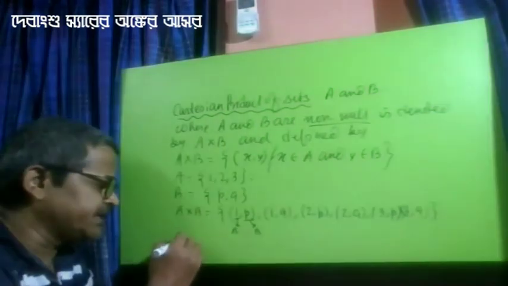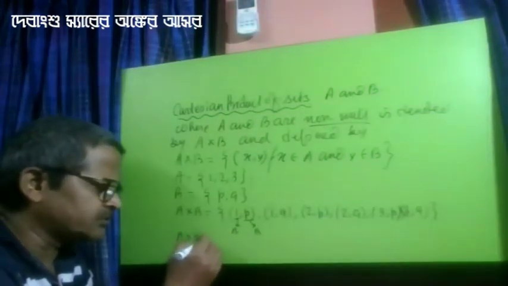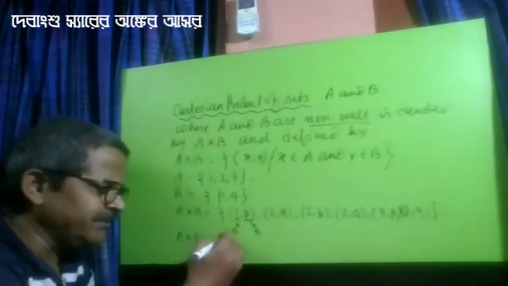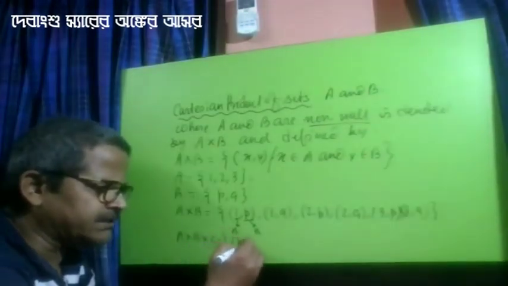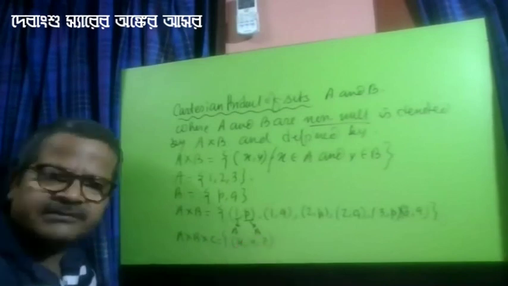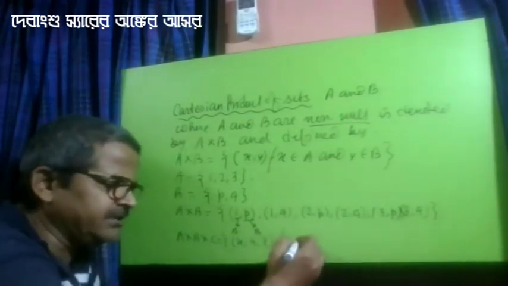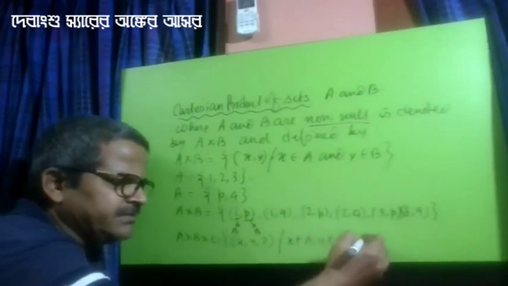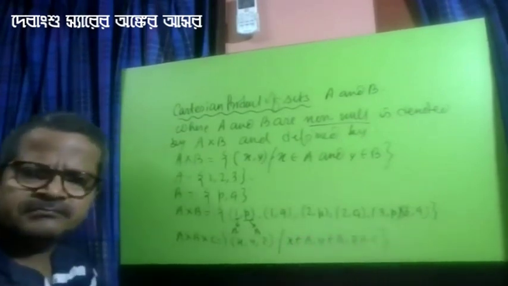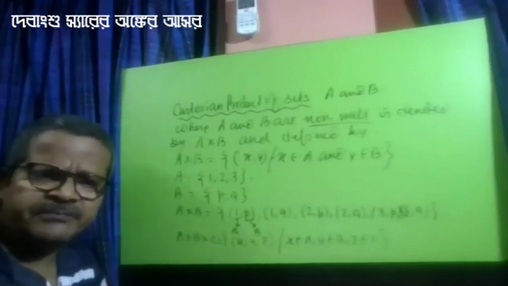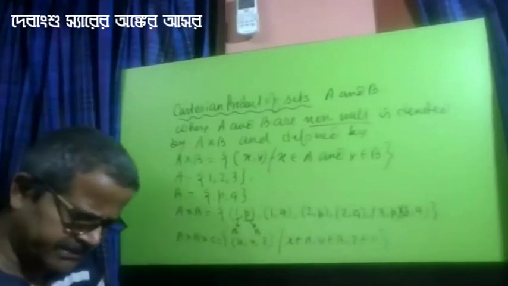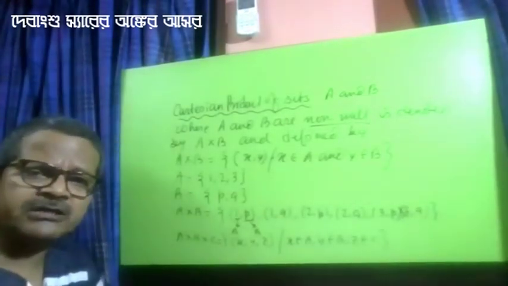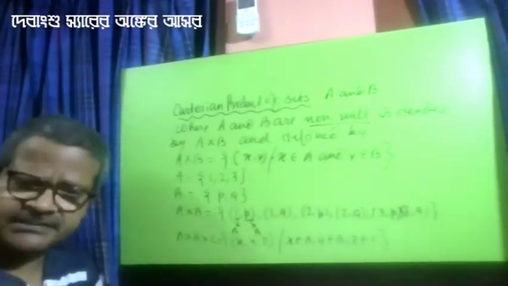Likewise, we can take the product of three sets also, A, B, C. In that case, elements will look like x comma y comma z, such that x belongs to A, y belongs to B, and z belongs to C. Now I can take the product of plenty of sets. As many sets as I need, I can take the product of 10 sets, 20 sets, 100 sets.